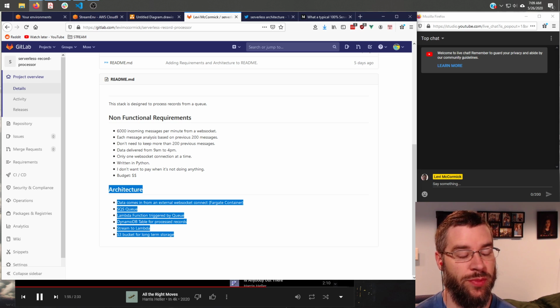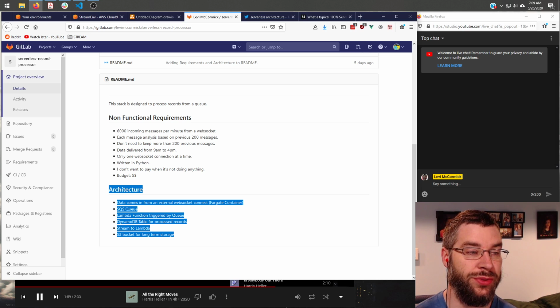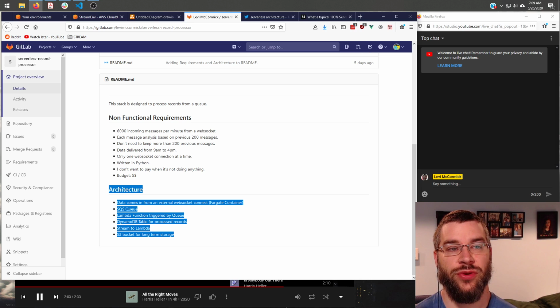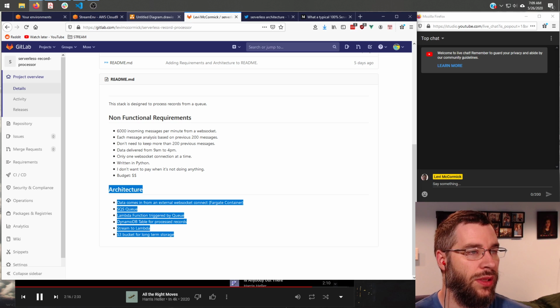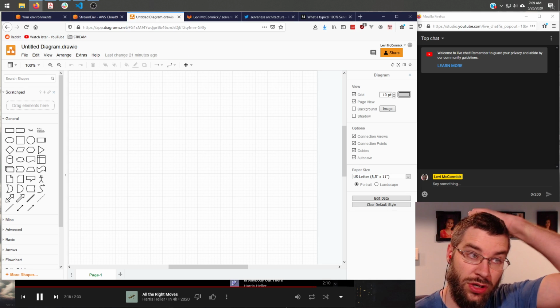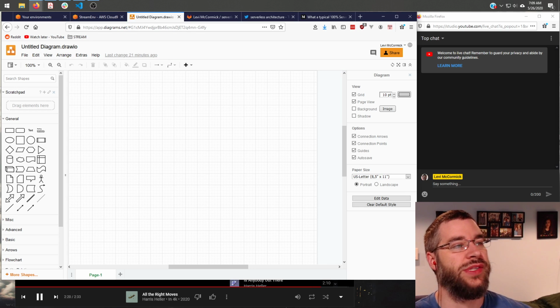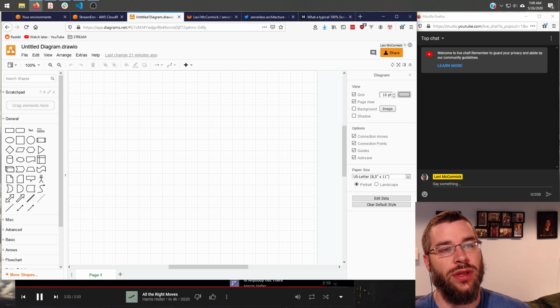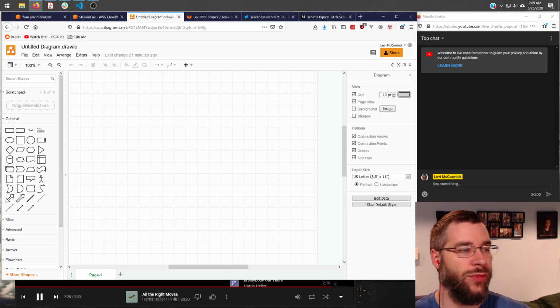I consider that separate, so we won't include it. If we can get this done in a reasonable amount of time today, I'll probably start talking about failure modes, and maybe we can put some of those things in the diagram as well. Anyway, hopping over to draw.io, I've already set it up. It's going to save into my Google Drive.